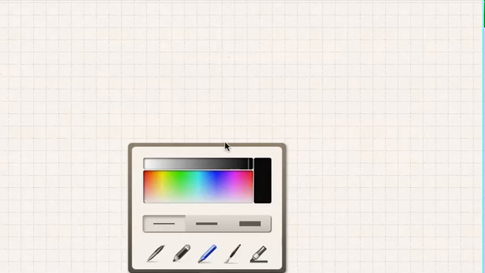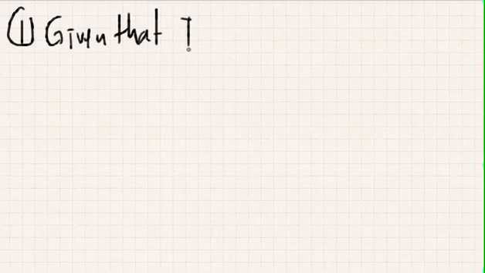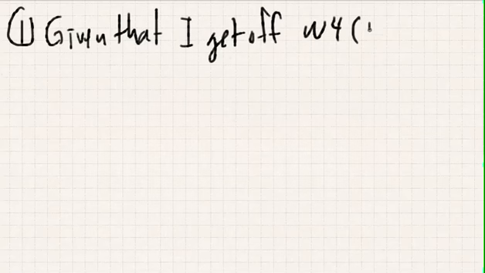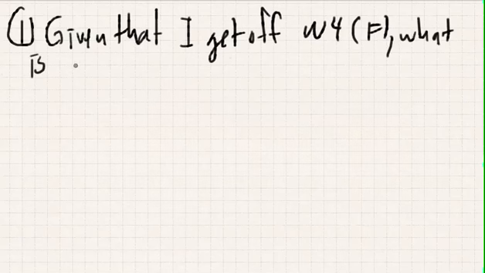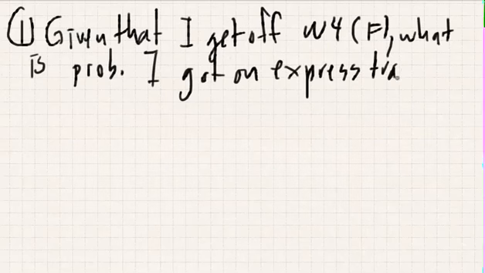Okay, so let's ask a couple of questions. First, given that I get off at West 4th Street, which is F, what is the probability I got on the express train or on the express track at Columbus Circle?